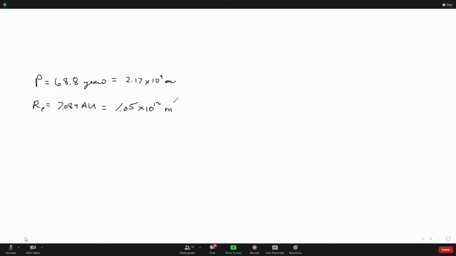Okay. Now, we want to characterize this orbit. The first thing we'd like to know is the semi-major axis. Well, that is the period times the square root of gamma divided by 2 pi, to the 2/3 power. But gamma is G times the mass of the sun, and the mass of the sun is 1.99 times 10 to the 30.